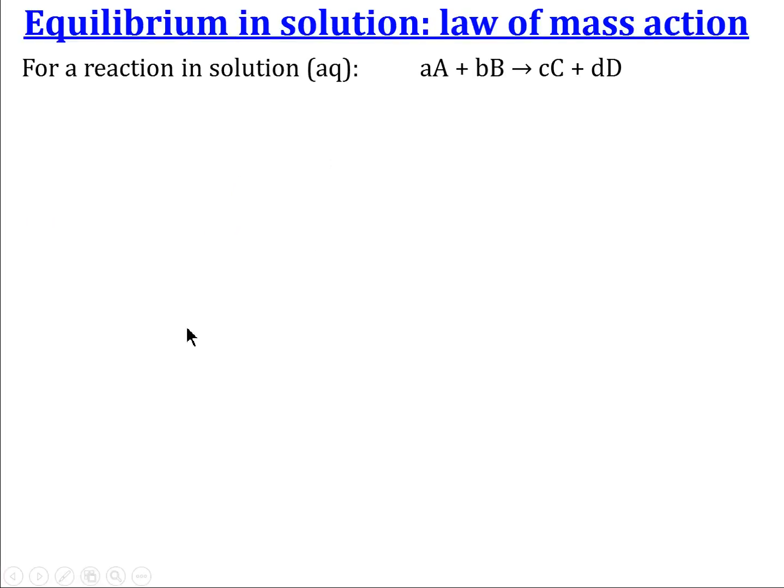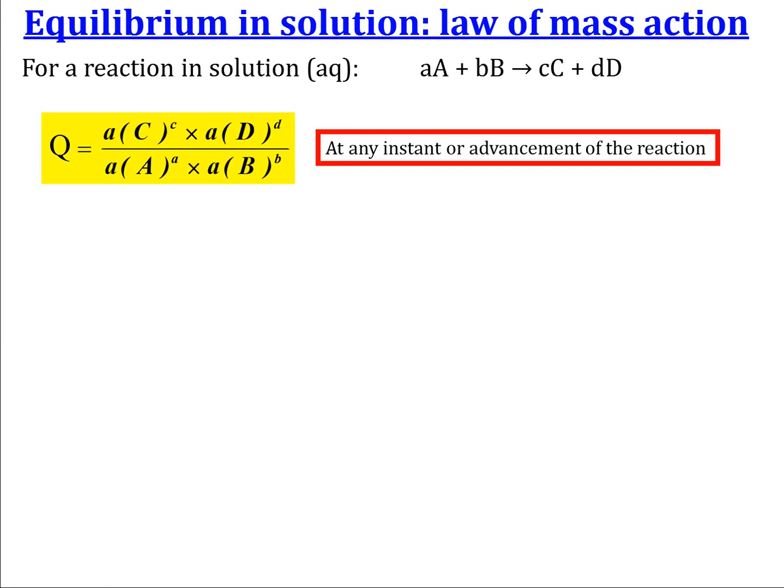For a general reaction of the type aA + bB that gives cC + dD, the reaction quotient Q at an instant t, or at any advancement of the reaction, is equal to the activity of the products divided by the activity of the reactants according to the stoichiometry.